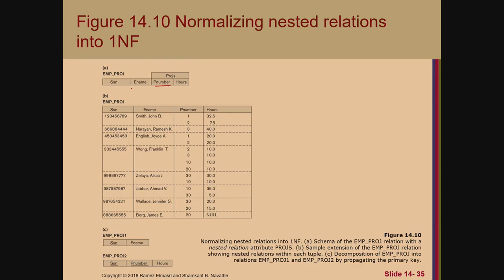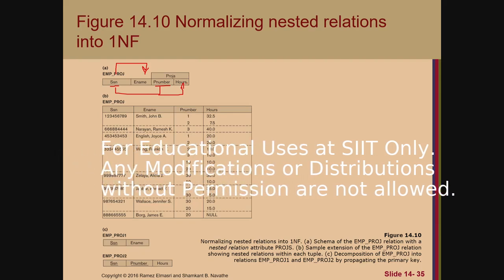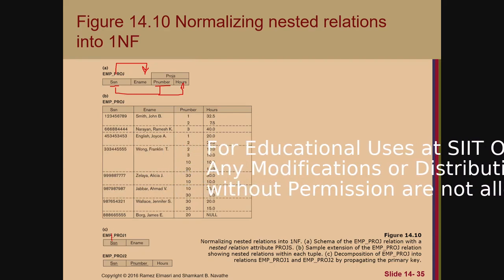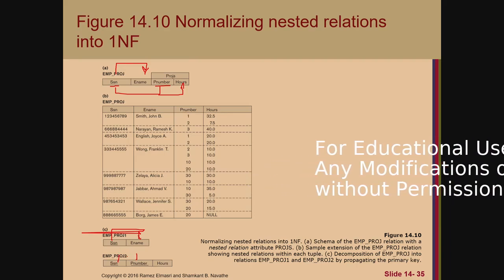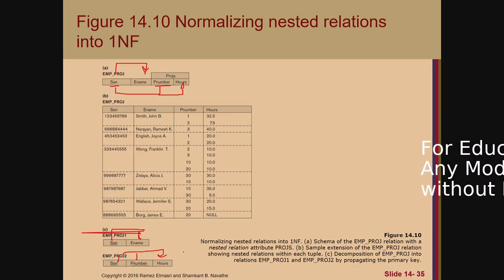Actually this table has SSN and P name, right? Both of them determine hours, and SSN determines ename. So if you know the functional dependencies, you just separate them into the new one. Here is SSN and ename, and SSN with the P number determine hours. So you can separate them.